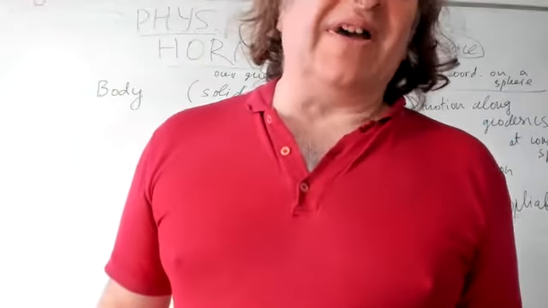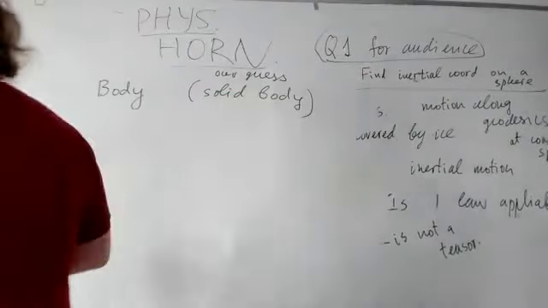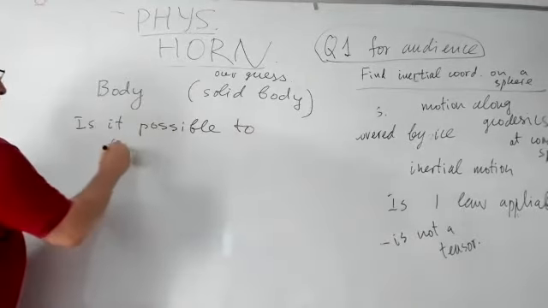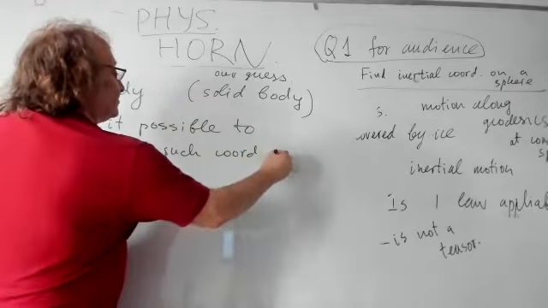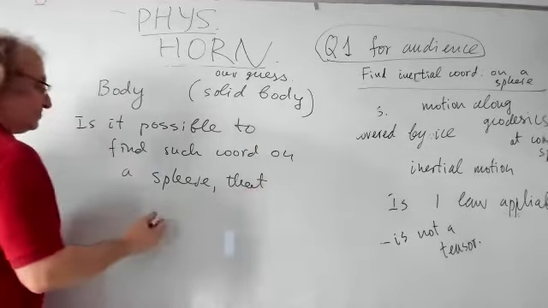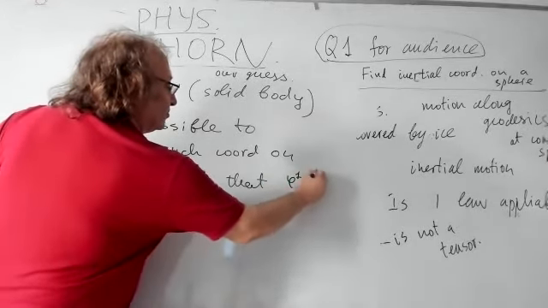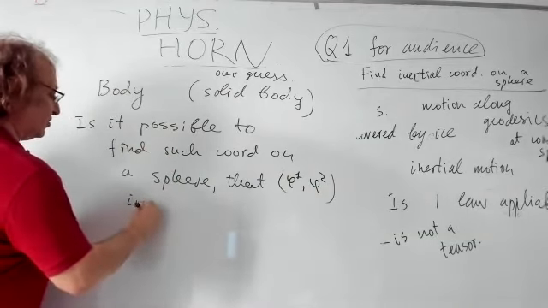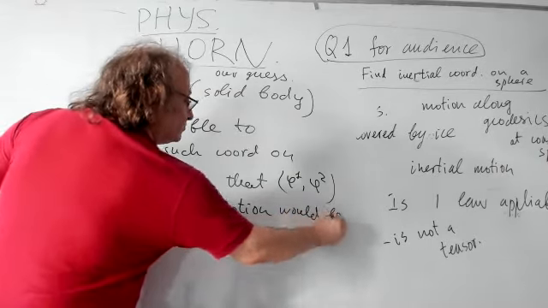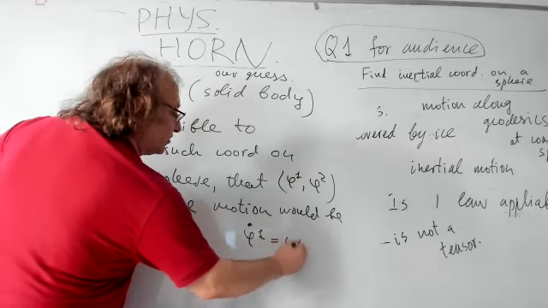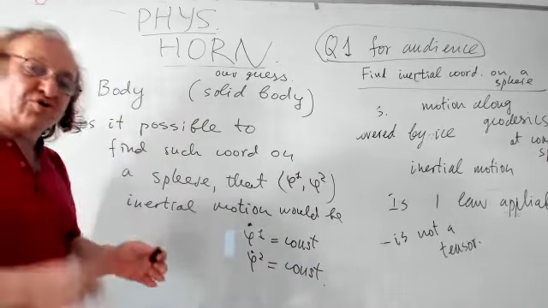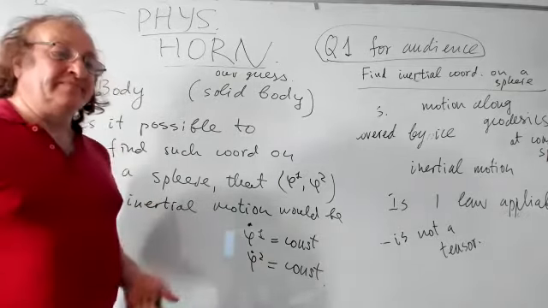Is it possible to find such coordinates on a sphere, two of them, which I'll call phi 1 and phi 2, so that inertial motion would be phi 1 dot is constant, phi 2 dot is constant, where inertial motion is the motion along the geodesics?